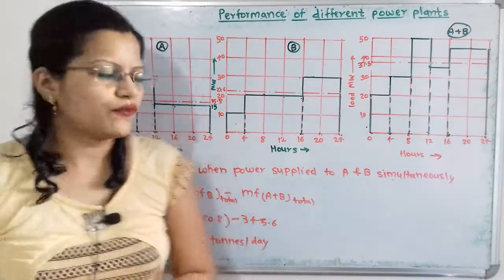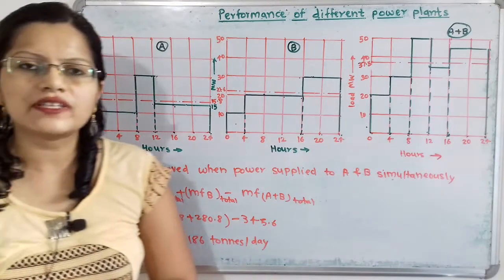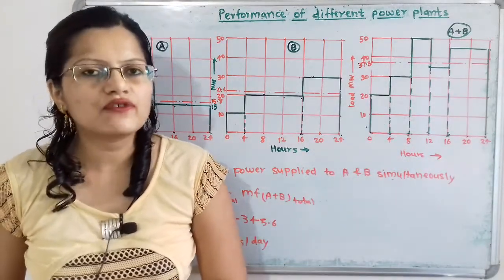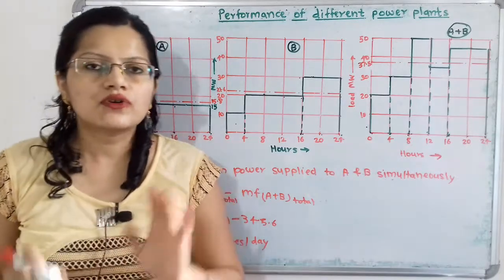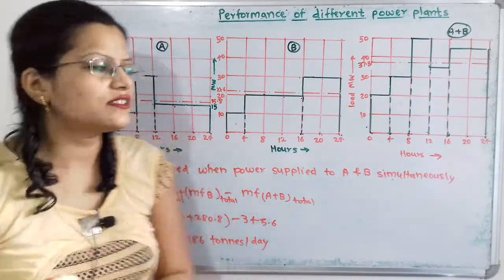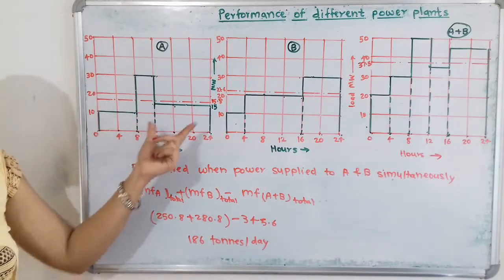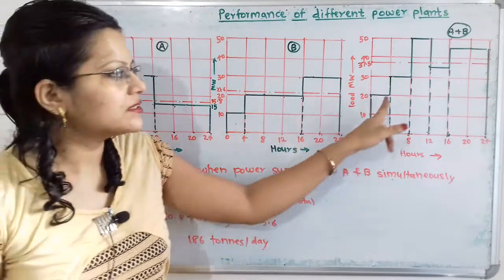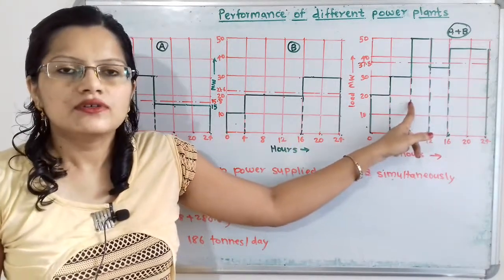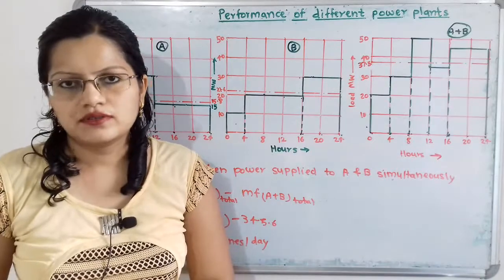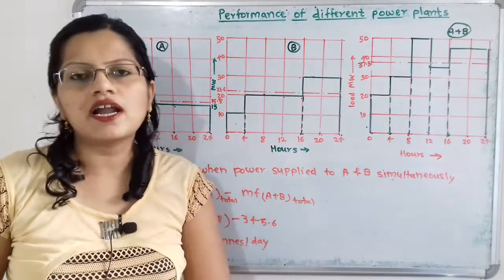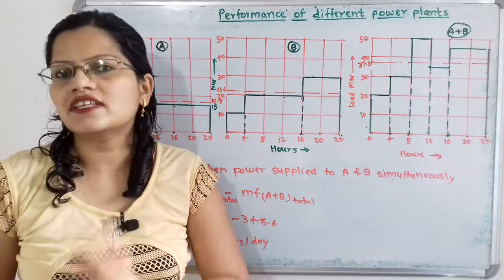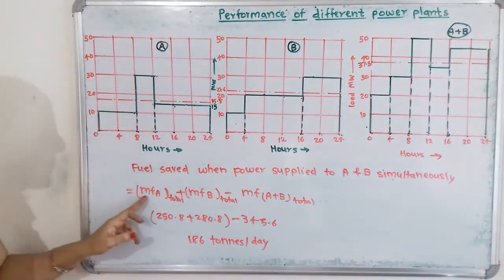Now we will calculate what is the fuel saved when power is supplied to A and B simultaneously. So for that we have to first add what is the total amount of fuel that is supplied to this A plus total fuel that is supplied to this B minus this fuel supplied to A plus B. So here we have to take the total amount, and unit we have to take the same, that is tons per day. So what is this m f A total?